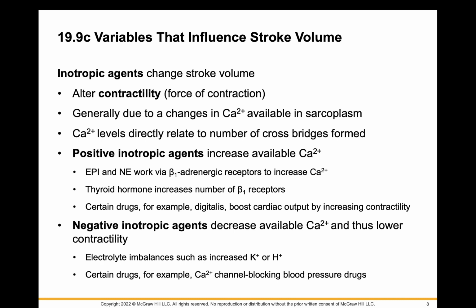A negative inotropic agent is going to be anything that decreases the availability of calcium, so less calcium, fewer cross bridges, decrease in stroke volume. Something that could act as a negative inotropic agent could be an electrolyte imbalance, but it's probably more common to see certain drugs such as calcium channel blockers, which are very commonly used to treat high blood pressure.